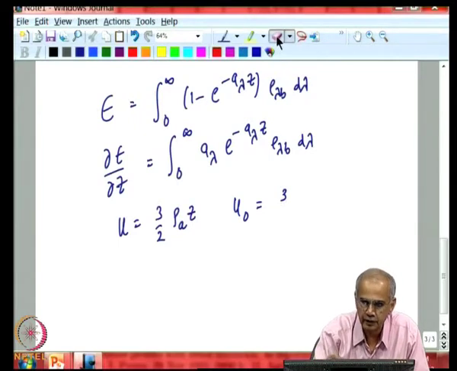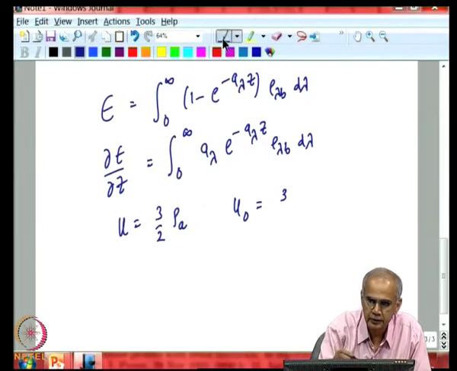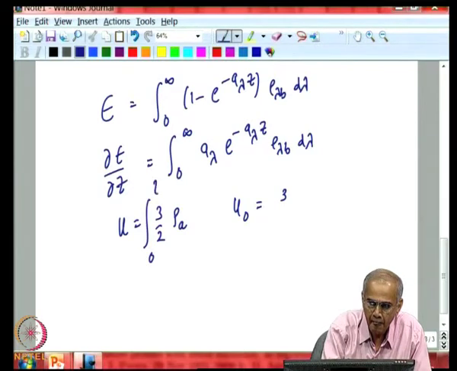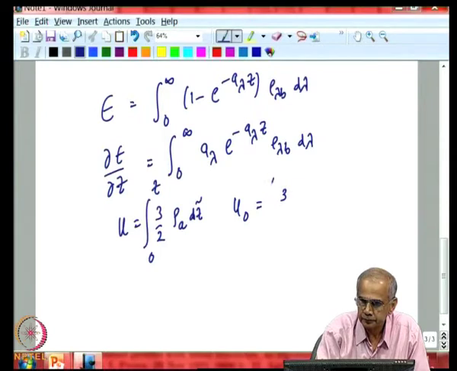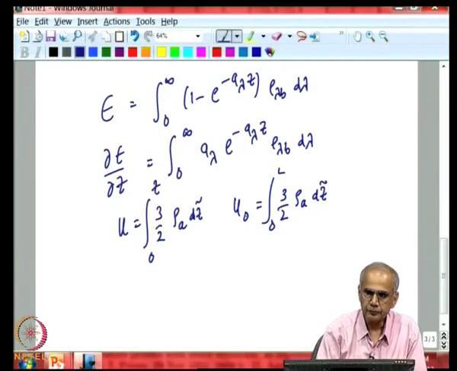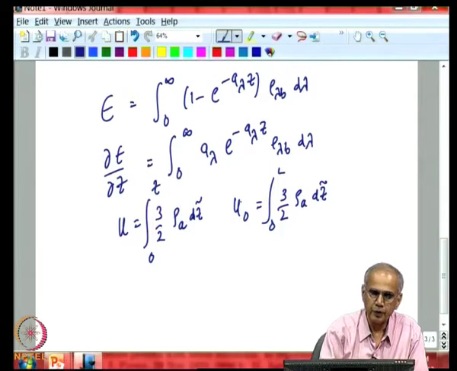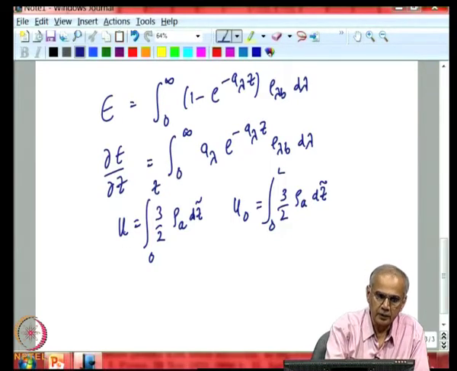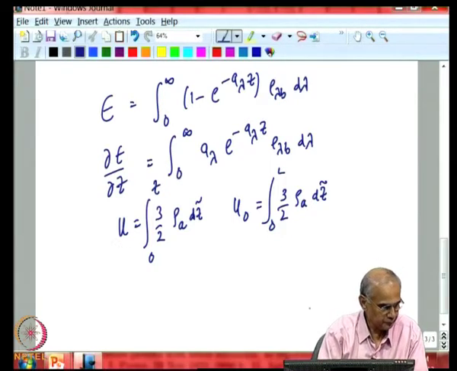You can keep it general if you want. So, this is the total path length of the absorbing gas, and this is a variable, this is a parameter.